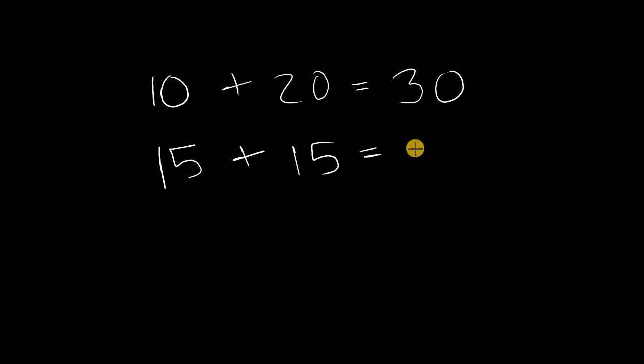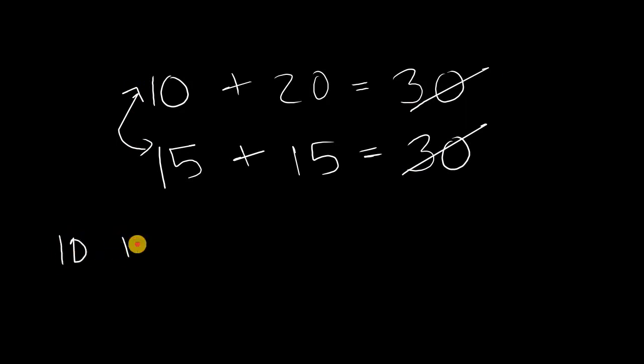So you see, they are both the same. Now what I am going to do is omit this 30 and equate these two sides. So I am going to write like this: 10 plus 20 equal to 15 plus 15.